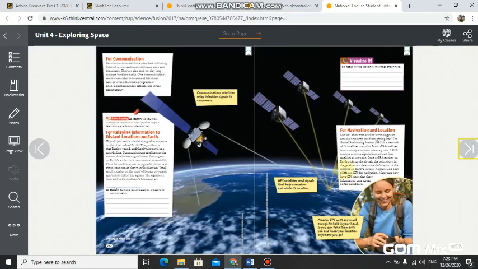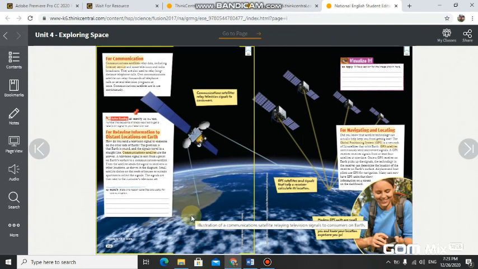We have communication satellites, which we use to communicate, for example the internet and radio, and for relaying information to distant locations on Earth. For example, televisions: when a person in the US is watching a channel in Jordan, communication satellites are used to send signals between these two countries.